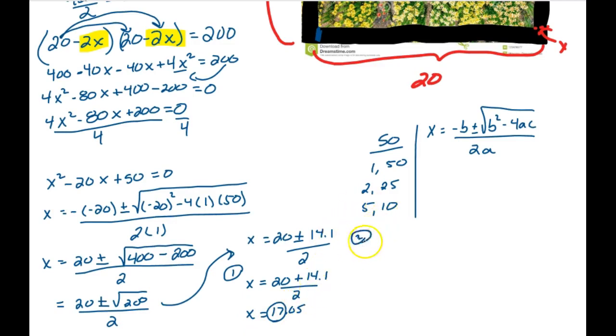Second answer, 20 subtract 14.1 is 5.9, divided by 2, you get 2.95.